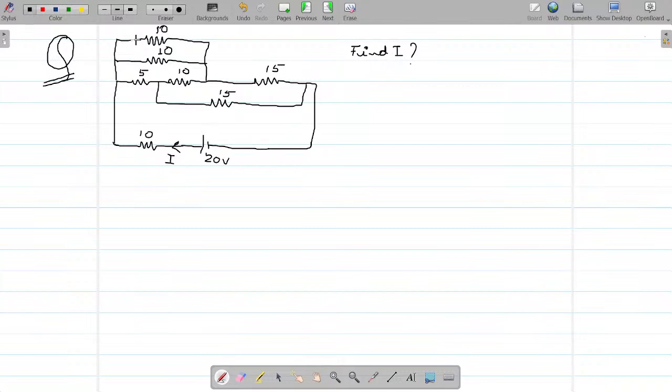So if I reduce this and this, what is 10 parallel to 10? What did we learn? If two resistances of equal magnitude are in parallel, what is the equivalent resistance? Or let us say if n resistors are in parallel, what is the equivalent resistance?